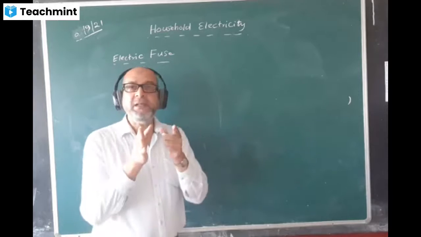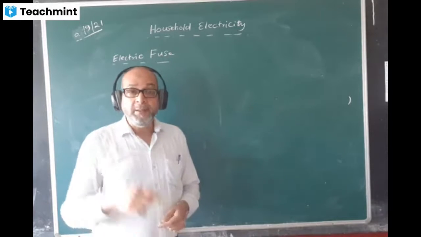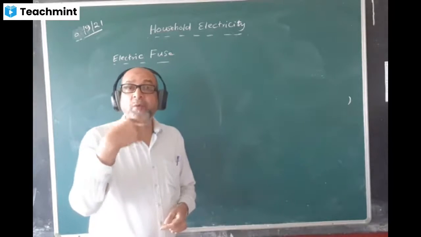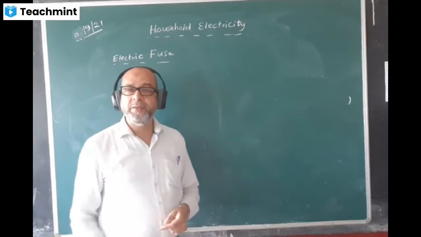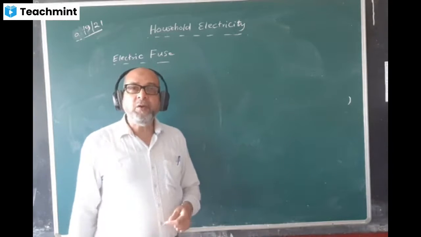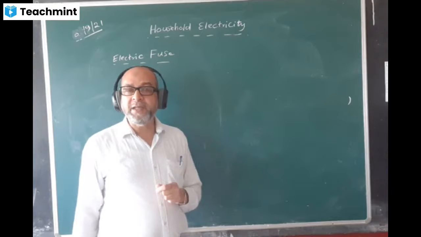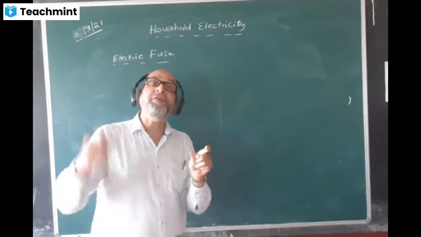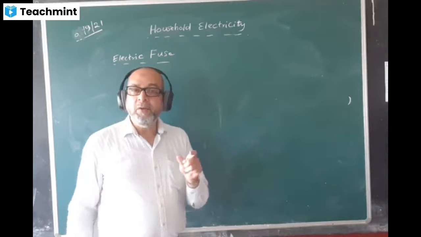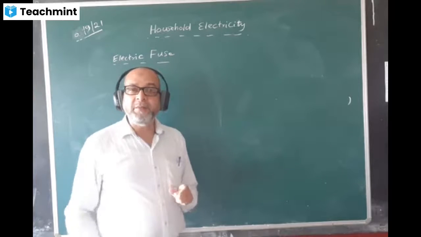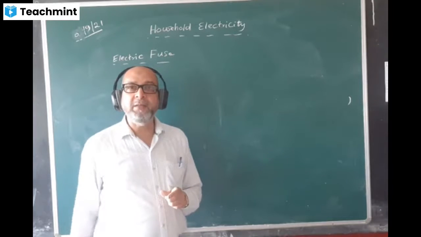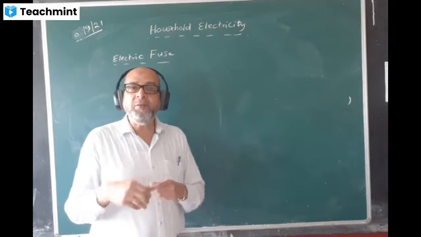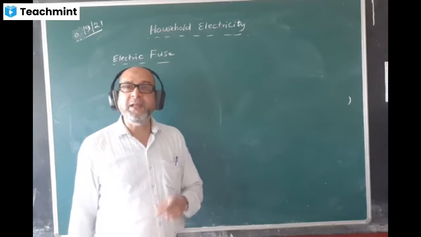If there is less resistance, it will produce less heat. But in the fuse, we want to generate a high amount of heat so that the wire breaks. So it works on the heating property of current. We don't say resistance property. It works on the heating property of current, not the resistance property of the conductor or the wire which we are using inside. The question talks about the current, or which heat property of current is used. We say heating property.